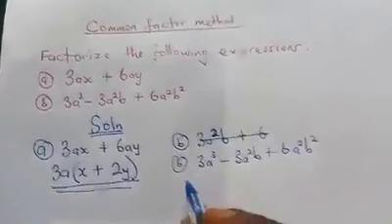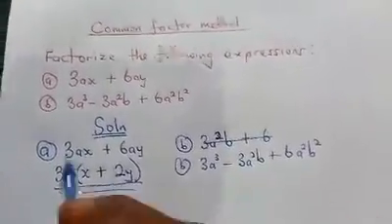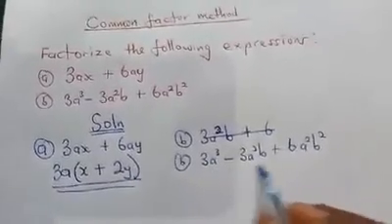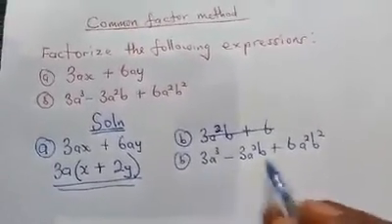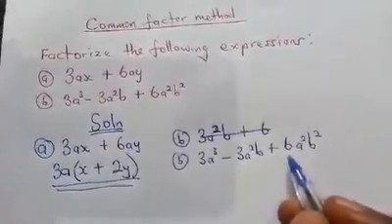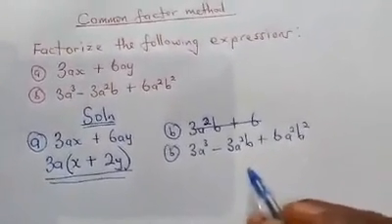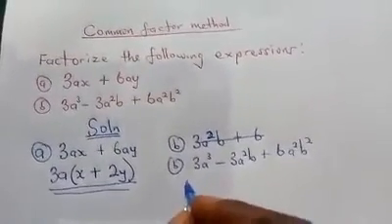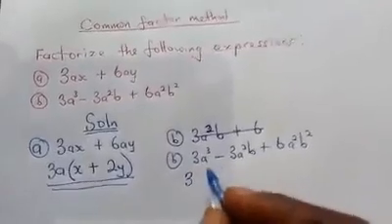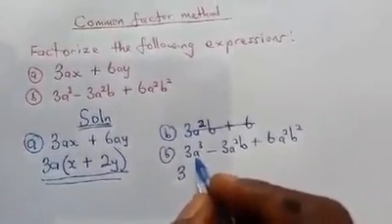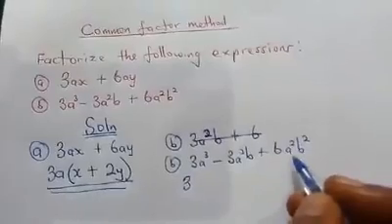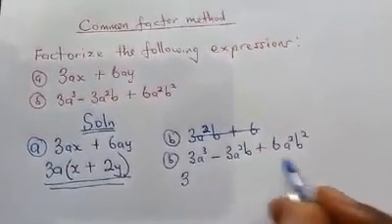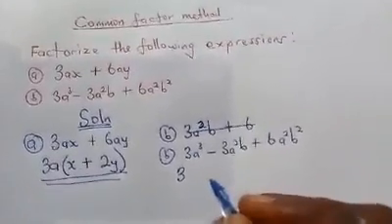So now, in factorizing, just like we did for the first one, we are going to be factorizing, first of all, the numbers. We look out for the common factor for 3, 3, and 6. And what will be the common factor? It is 3. And then we look out for the letters. We have A here, A there, and then here as well. You make sure that the letter is located in all the terms before it can be a common factor.